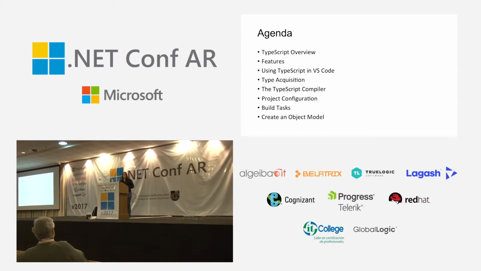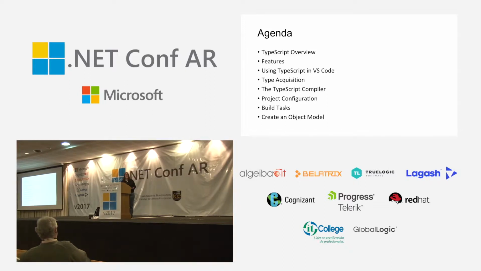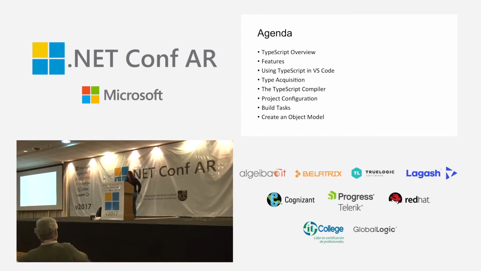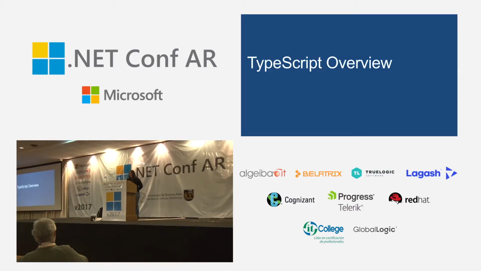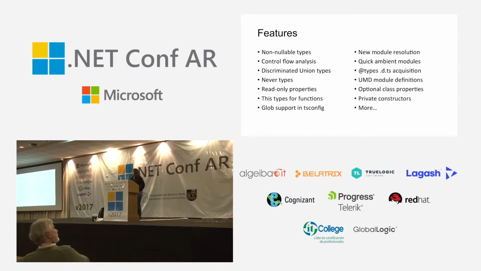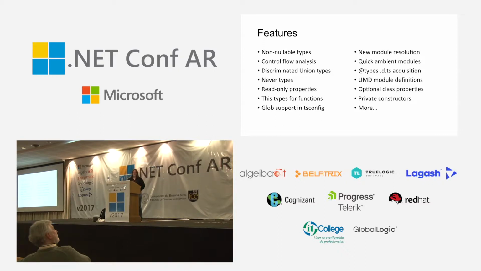That's probably the best part about writing in TypeScript, is that you don't have to write in JavaScript. So for TypeScript, it's all about the types, hence the name TypeScript.